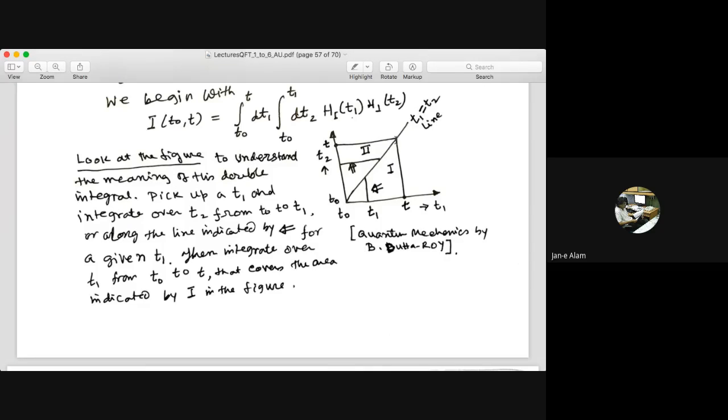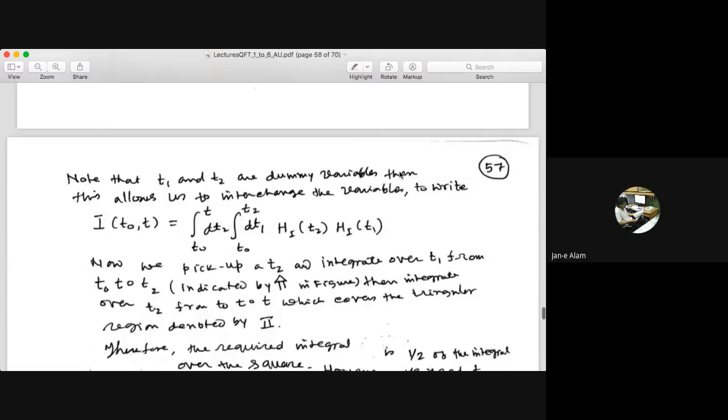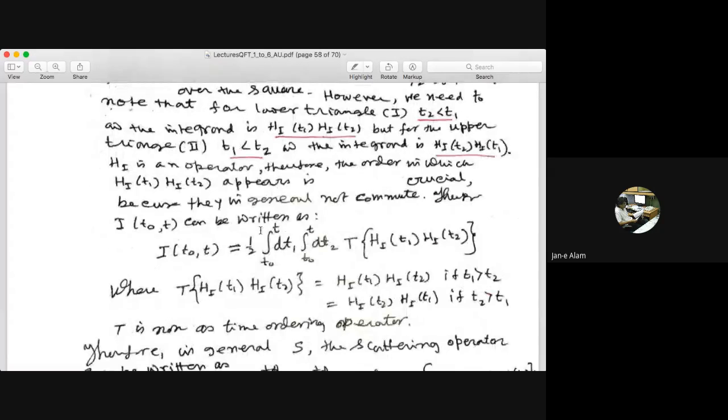The lower triangle is half of the total square, and the upper triangle is also half of the square. So the two integrations you can combine in this particular fashion.